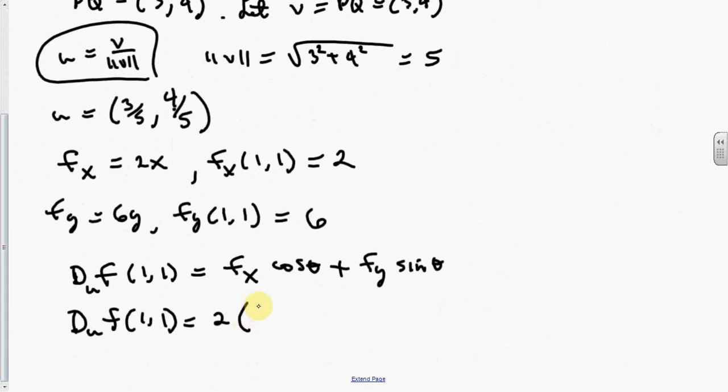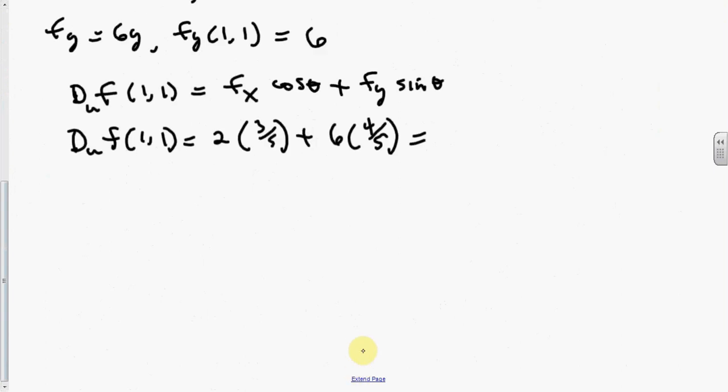The cosine is 3 over 5 plus the partial of f with respect to y is 6 times the sine, that's 4 over 5. So we get 6 plus 24 over 5. You get 30 divided by 5, just 6.